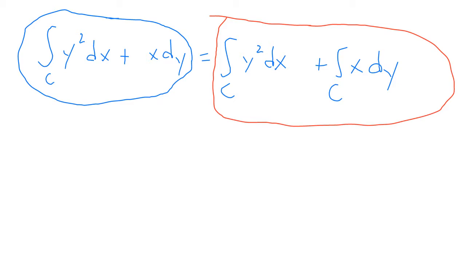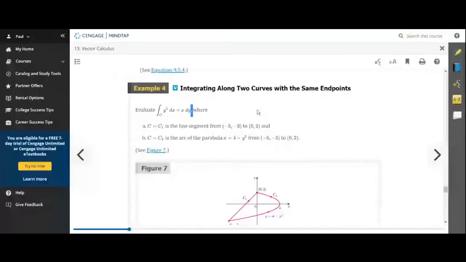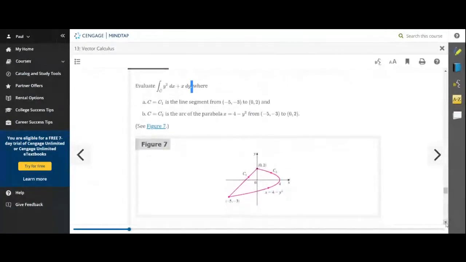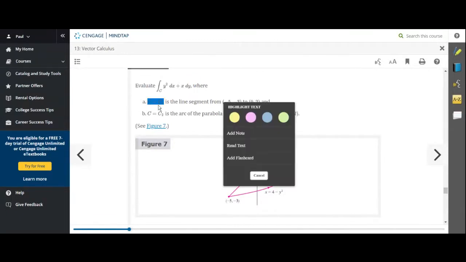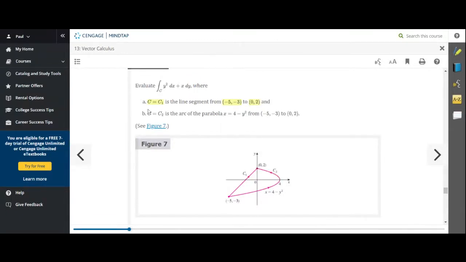So then let's go back to the problem. They want you to find the sum of the two line integrals along two different paths.